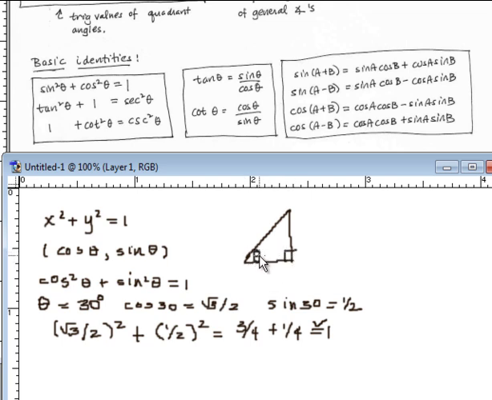If we draw a triangle containing our angle theta, and we specify that the hypotenuse of the triangle is equal to 1, and let's call this side y and this side x, then just like we did in the unit circle, sine theta is y over 1, so sine theta is y.